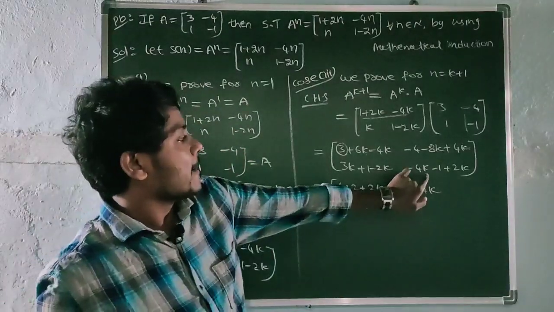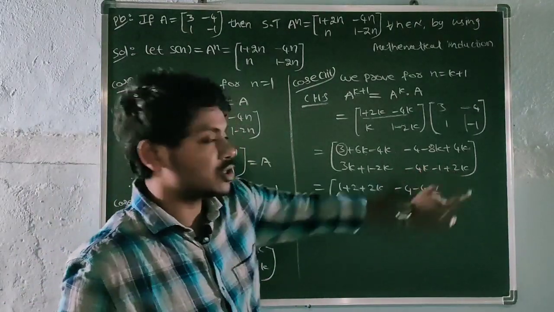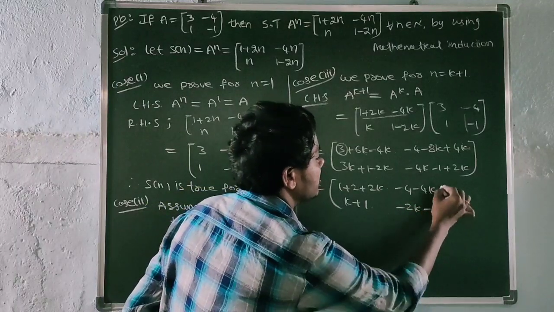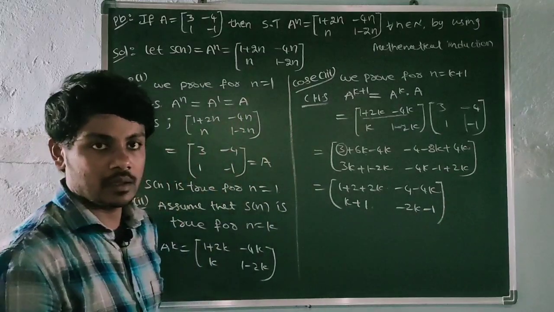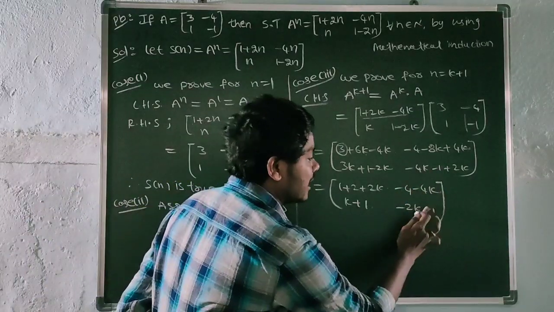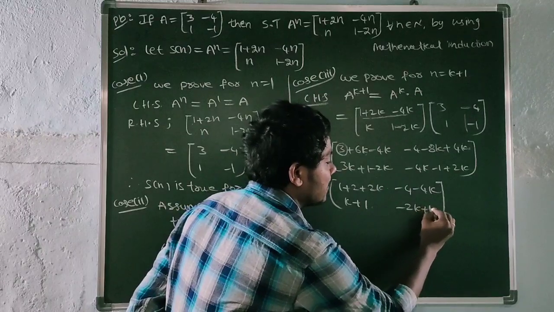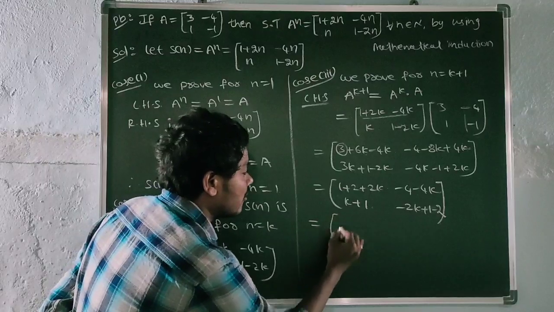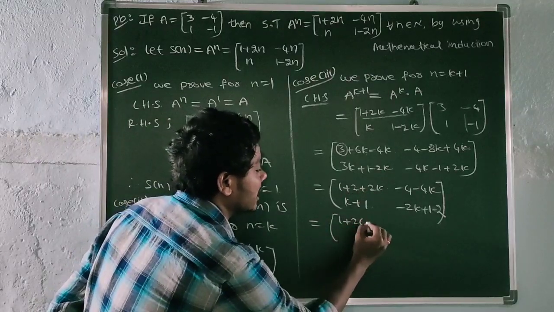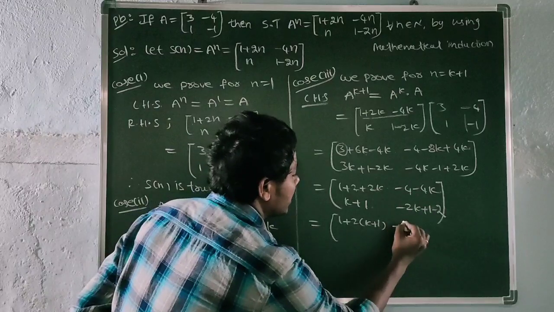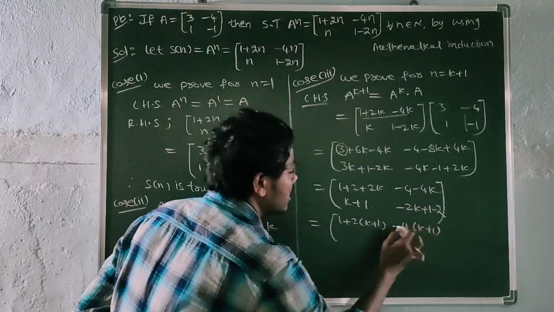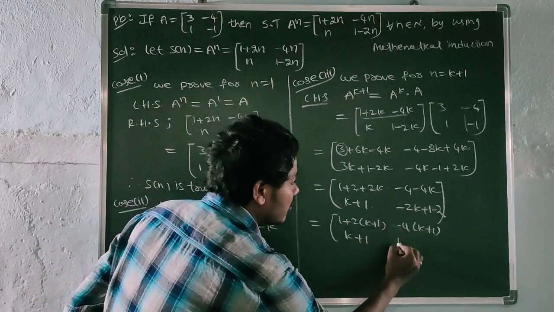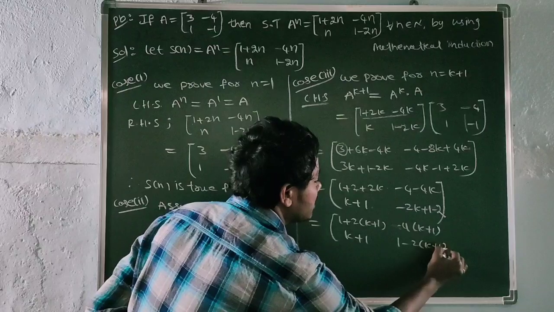Now this one, minus 4k plus 2k, that is minus 2k, minus 1. Okay. Now this minus 1 write as plus 1 minus 2. Okay. Now here 1 plus 2 is common, you get k plus 1. Here minus 4 is common, you get k plus 1. Now here k plus 1. Here 1 minus 2 is common, you get k plus 1.